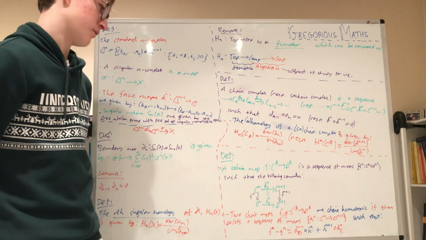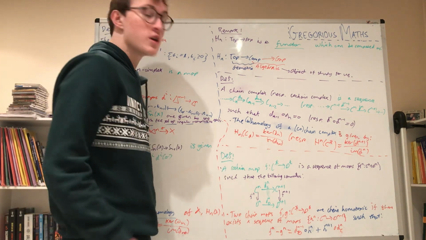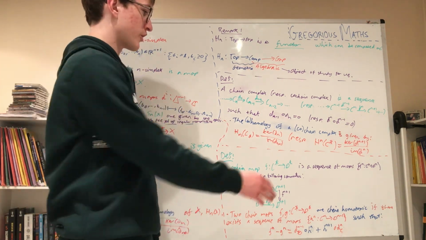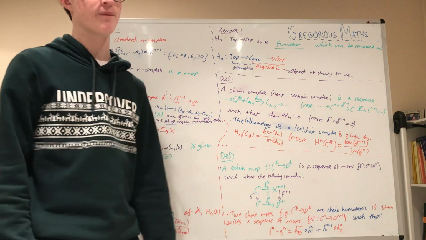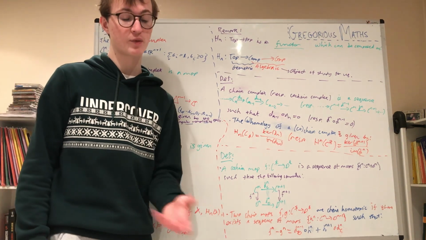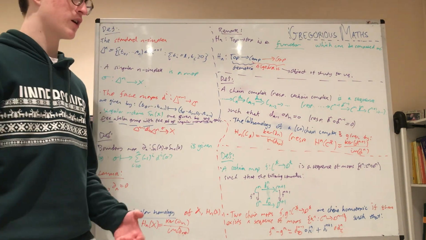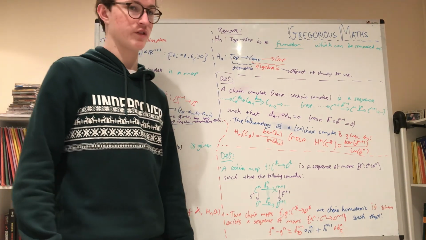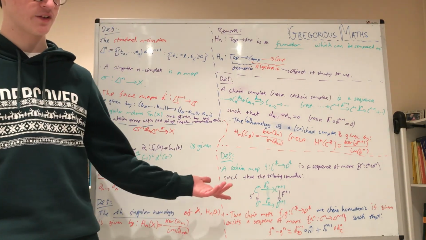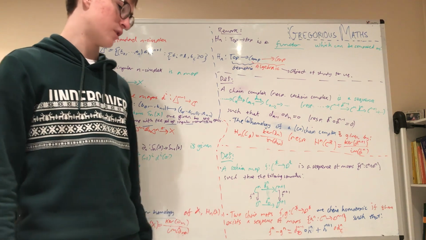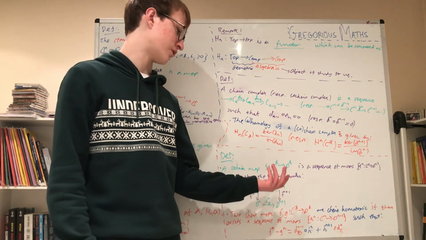I answer your question. A cochain map, we're just going to restrict ourselves to cochain complexes for now, because throughout this series we're mainly going to be dealing with cohomology anyway, but of course everything is exactly the same for chain complexes. It's just easier to stick to one.